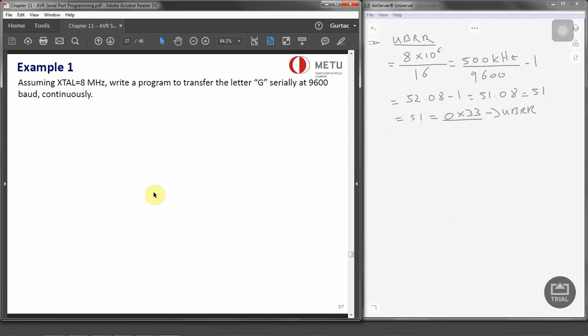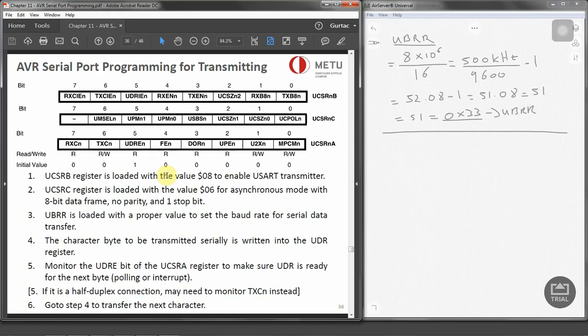And as we are going to transfer the letter G serially at 9600 continuously, if we open up the registers over here, based on that we can set them up.